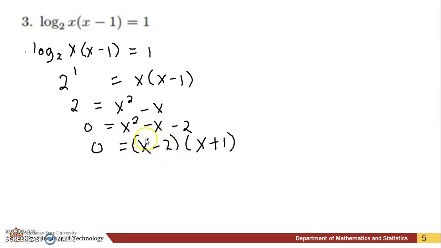Why? Because by factoring, when we multiply, this will give us x squared. This is minus 2x, and this is plus x. So the middle term is negative x. Meaning to say, we have 0 equals x minus 2, 0 equals x plus 1, and solving for x, we have x equals 2, we have x equals negative 1.